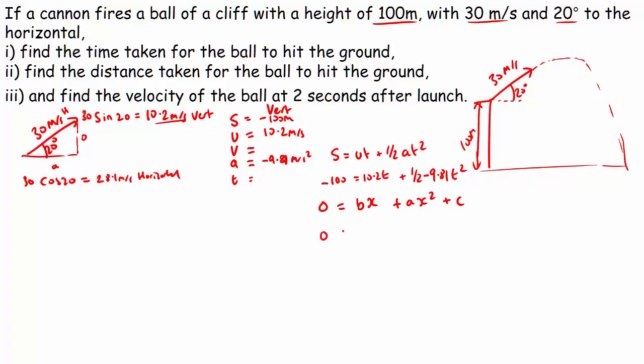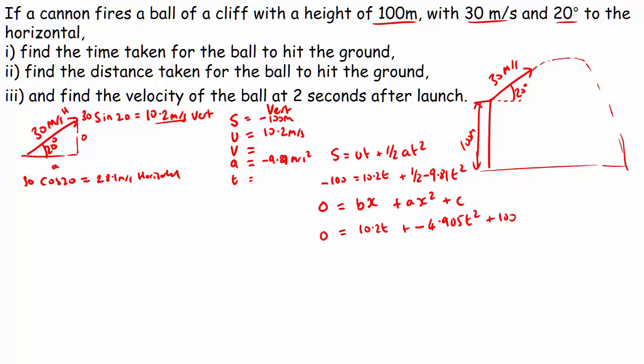So if I add 100 to both sides, the 100 will be on this side. It will be equal to 0. 10.2 t plus, if I do the half times 9.81 now, that's negative 4.905 t squared plus 100.